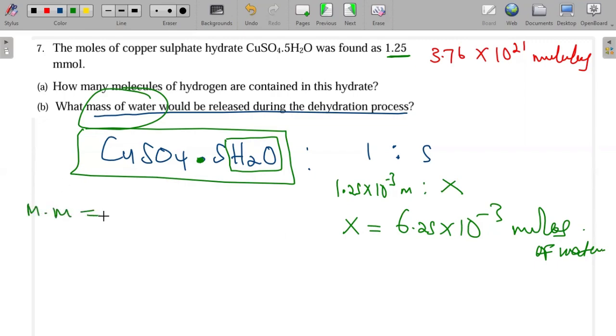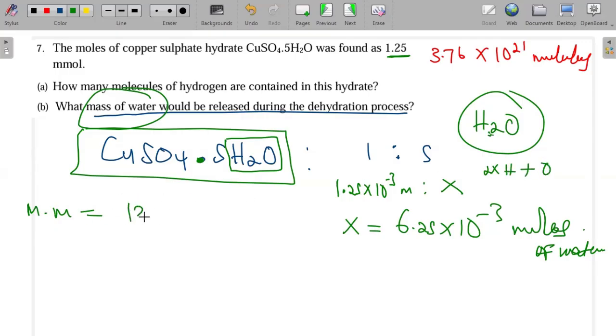Okay, moles of water. And once we have the moles of water, we know the molar mass. So molar mass of water, how much is it? Water is H2O, so 2 multiplied by the molar mass of hydrogen, plus the molar mass of oxygen. That will give me 18.02 grams per mole. So I have the molar mass and I have the moles, so I can find the mass now.